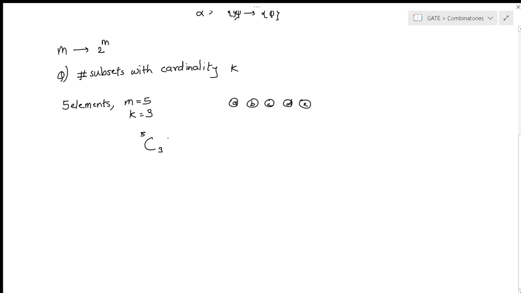Consider the element A. Now if I told you I am going to take the element A, what does the sub-problem reduce to? Among these 4 elements I need to take 2 elements, and the third element has already been selected. Please listen to it again, I am repeating it.